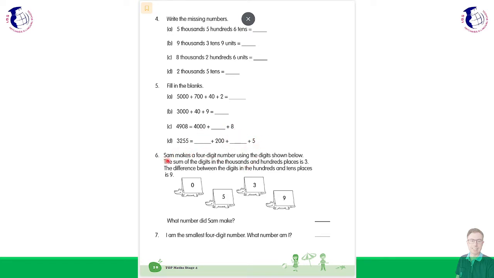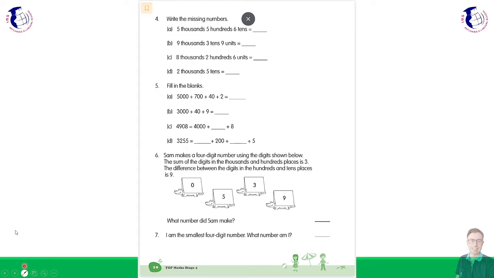Question 6. Sam makes a 4-digit number using the digits below. The sum of the digits in the thousands and hundreds place is 3. The difference between the digits in the hundreds and tens place is 9. What number did Sam make? Okay, a little more thought to go into this one.